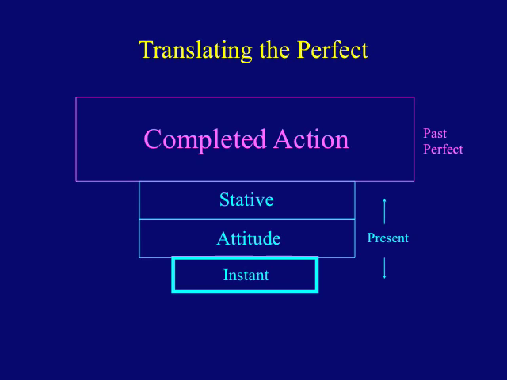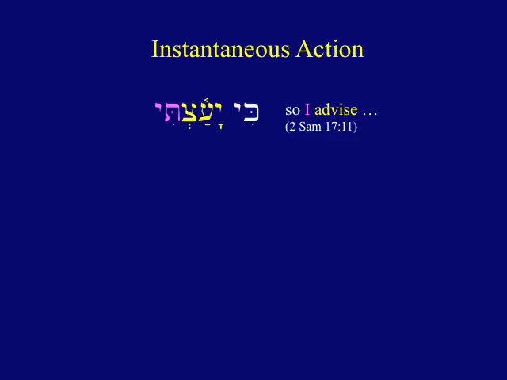Also using the perfect aspect to indicate a present state of affairs or present action are instantaneous verbs, or what I think of as performative utterances. For example, so I advise, ki ya'atzti. It's the perfect, but I didn't advise you in the past. I advise you now by saying this.